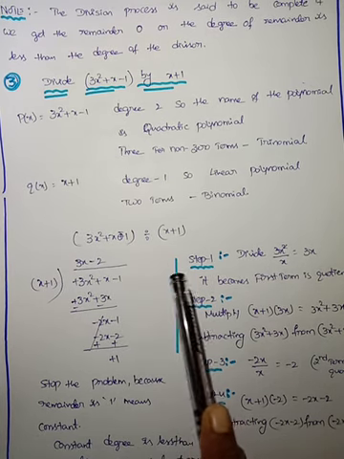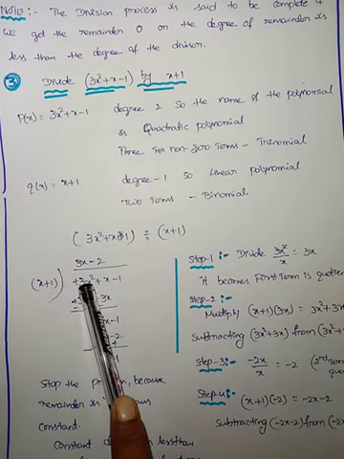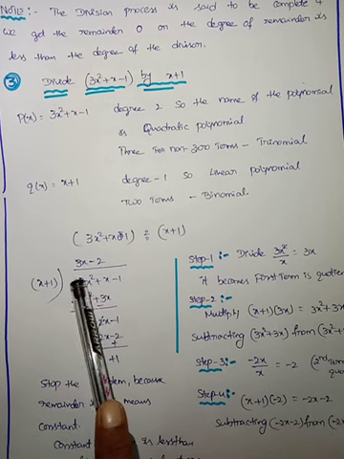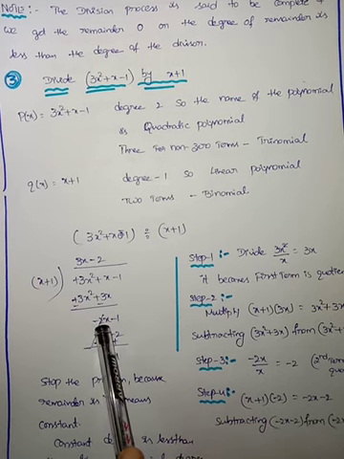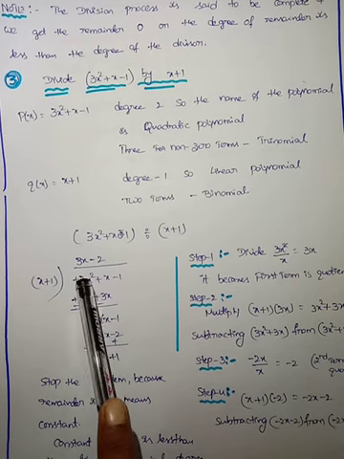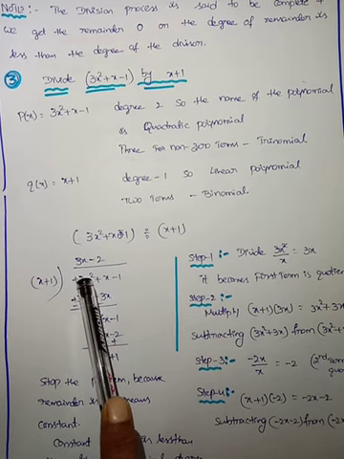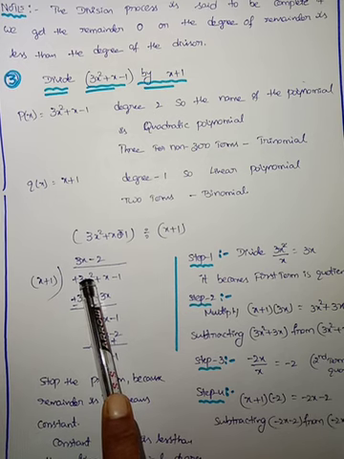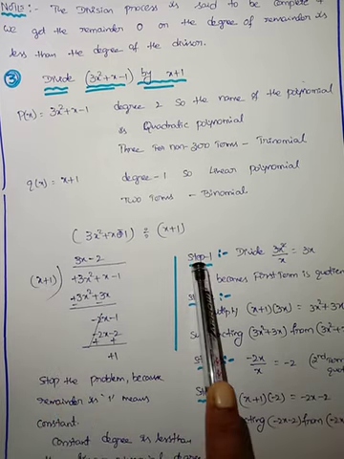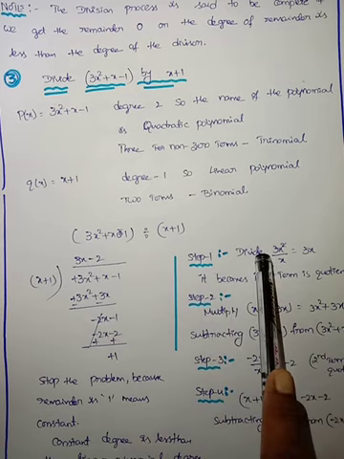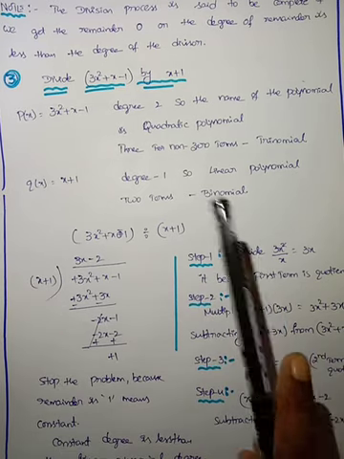Step 1. What am I saying? Always take the first term of the dividend divided by the first term of the divisor. That gives the first term. First term 3x square, first term x.